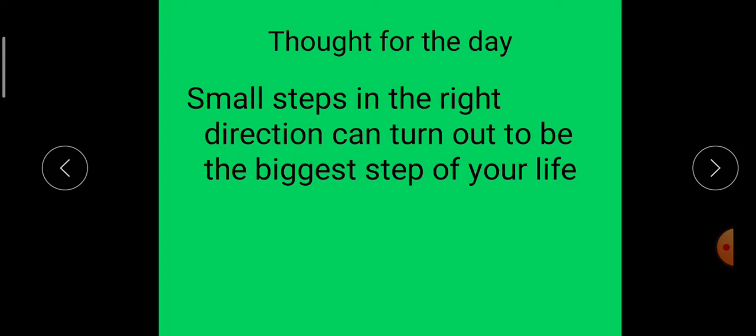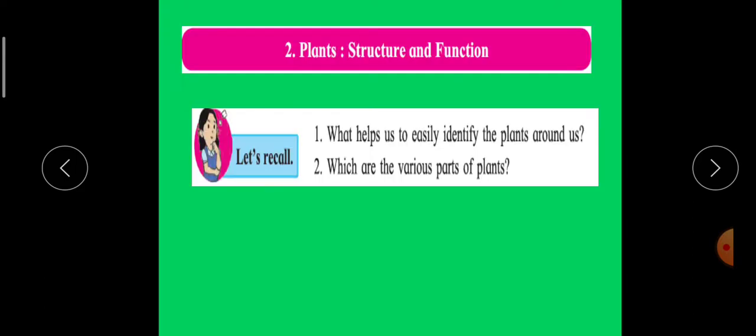With this thought, let's get started with our next chapter: plants, structure and function. Let's recall what helps us to easily identify the plants around us. Children, in the earlier chapter, we have studied that the geographical conditions at different places on the earth are very different.